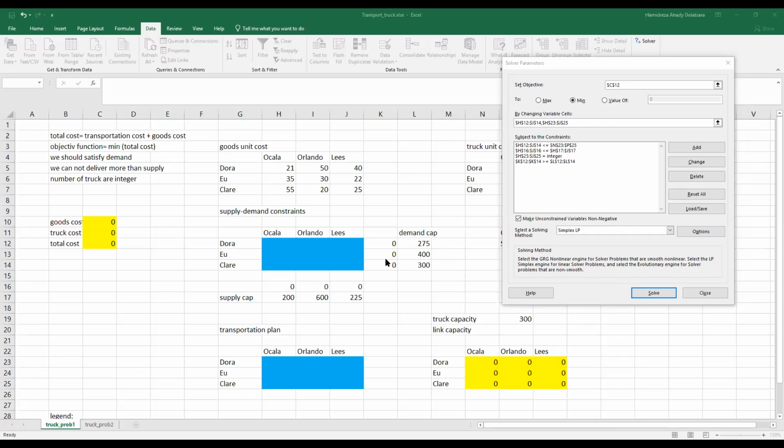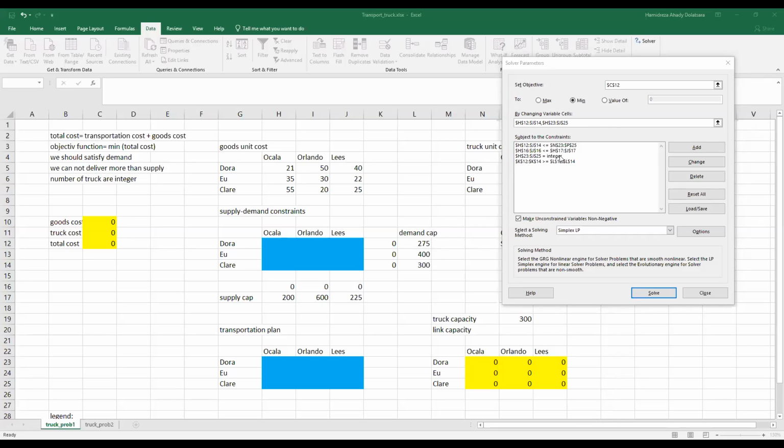So logically, I want my goods to be more than demand, so I satisfy all my customers. You can change it to equality, that's fine too, but at least it's logical. You know, if I produce more, I lose money, but it's logical.